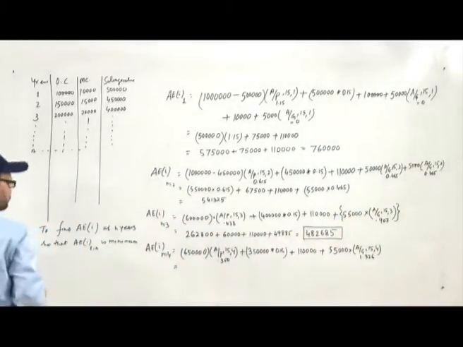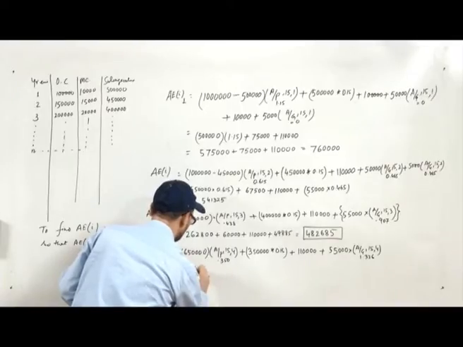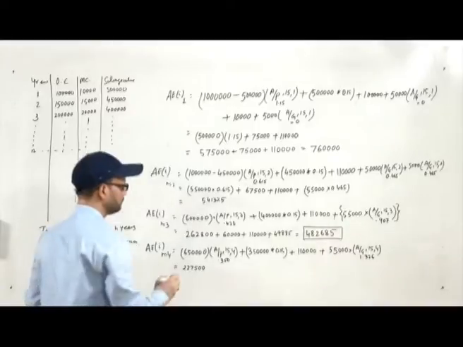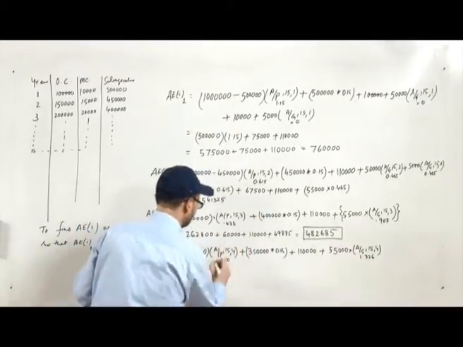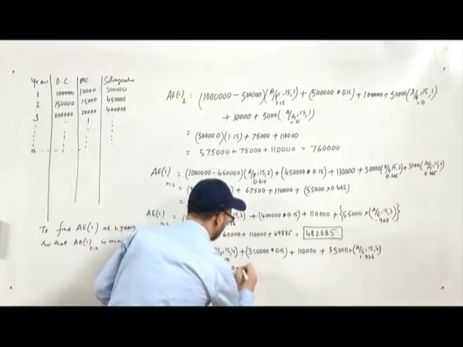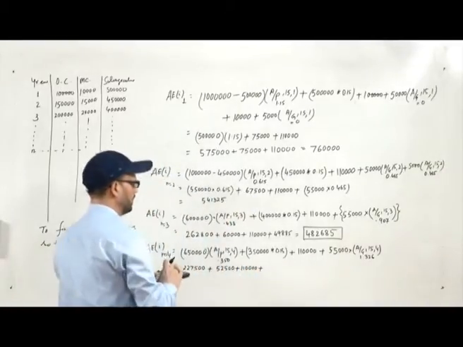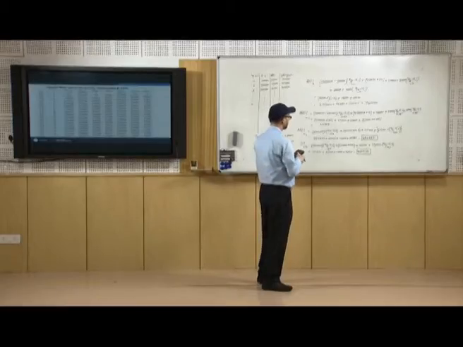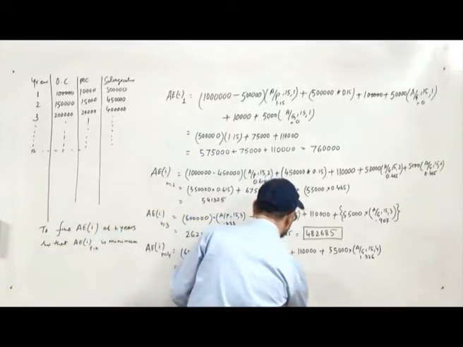So, 227,500 plus 52,500 plus 1,10,000 plus 72,930. So, this comes out to be 462,930.